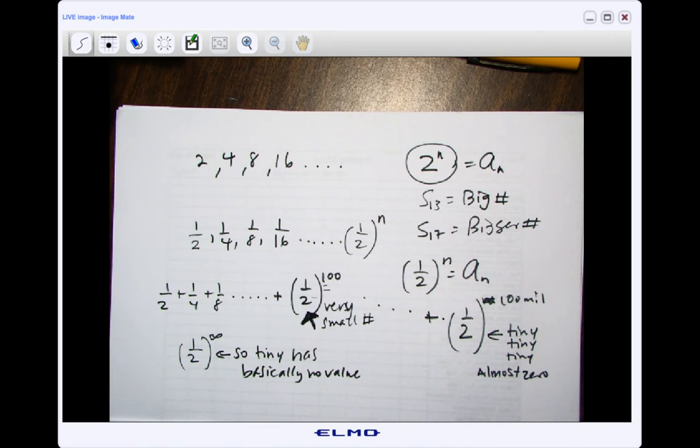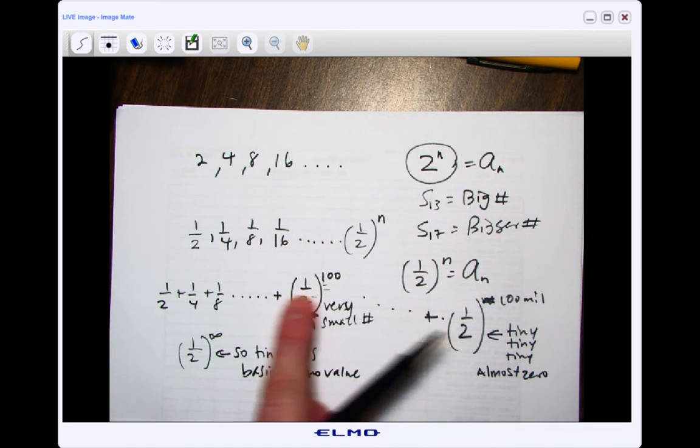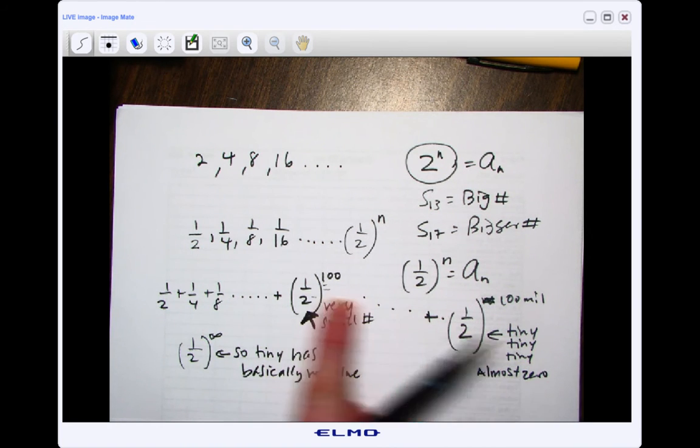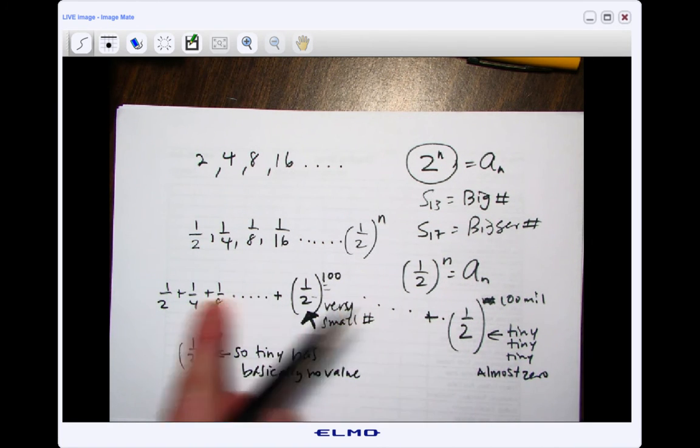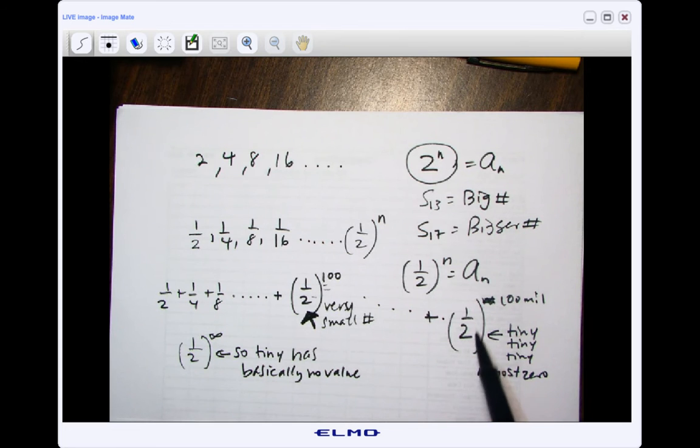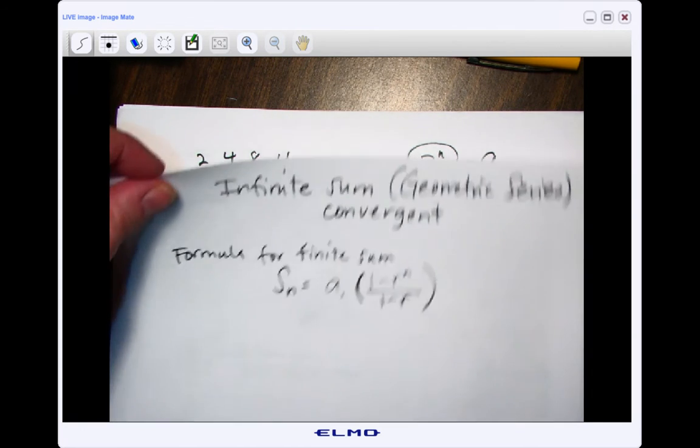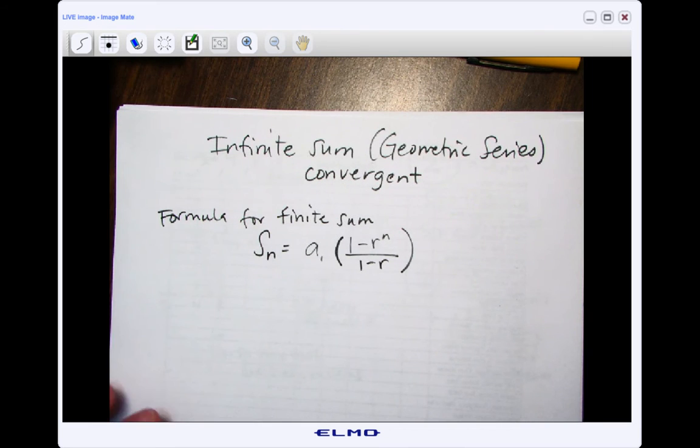Only God would know how big that is. Us mortals wouldn't even be able to tell the difference between this number and zero. Okay, so if you have a convergent series, the values that you start adding farther and farther down the line end up being really, really small.